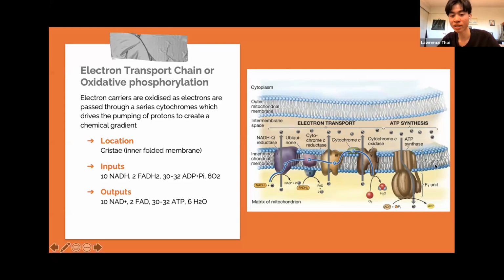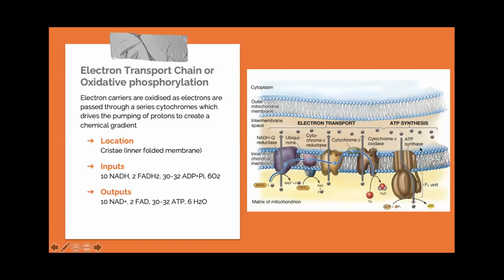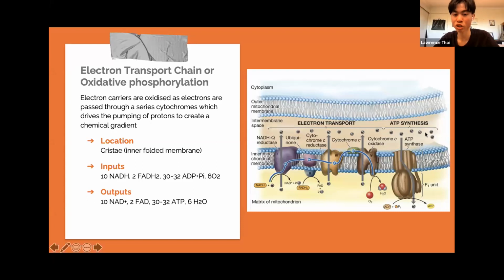By utilizing the fact that H plus is impermeable to the membrane, it has what we call potential energy. It's like having a ball and pushing it up the hill and just letting it stay there. When you let go of the ball, it's going to roll down the hill because of gravity.